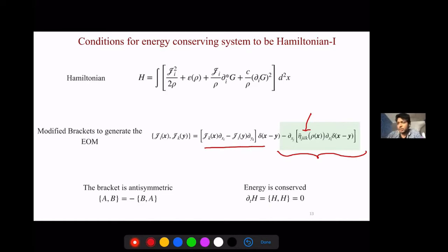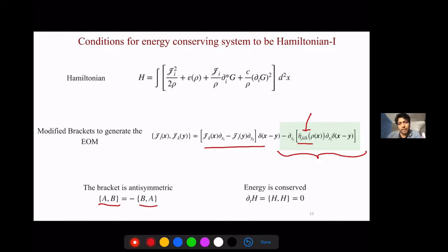One condition is that the bracket should be antisymmetric, so the AB Poisson bracket should be the negative of the BA Poisson bracket. You can immediately see that is the case because you use this eta IJKL as an antisymmetric bracket, and the modified brackets will preserve the antisymmetry.